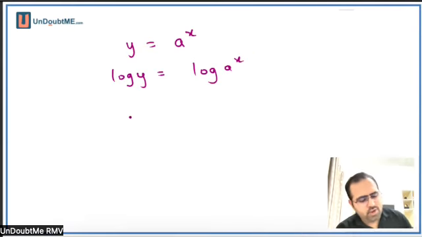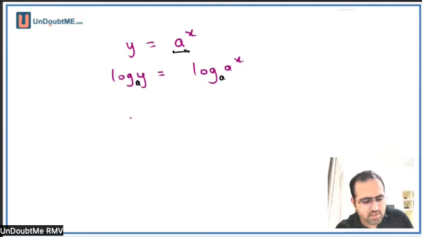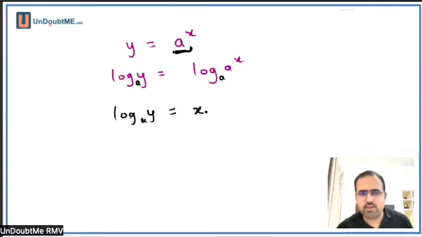Now here, because I am taking log, I can decide the base. It is always in our hand when we are solving it. So I'm taking the base of this log as a, because it is the base of this exponent. So from here I will automatically get log y to the base a is equal to x.